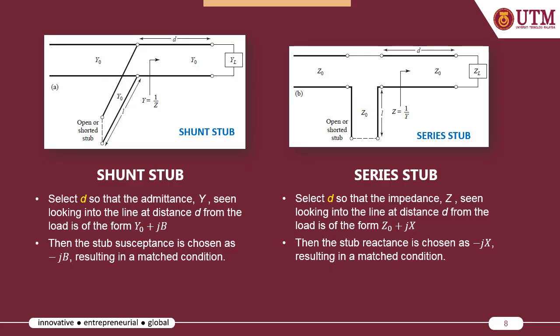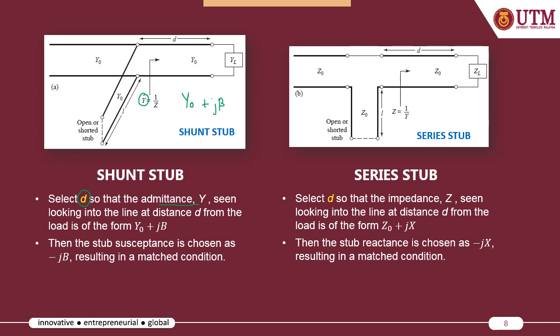Okay, more details on the shunt and series stub. For the shunt stub, the distance from the stub position to the load is chosen so that the admittance Y seen looking into the line at distance d from the load is in the form of Y0 plus jB.